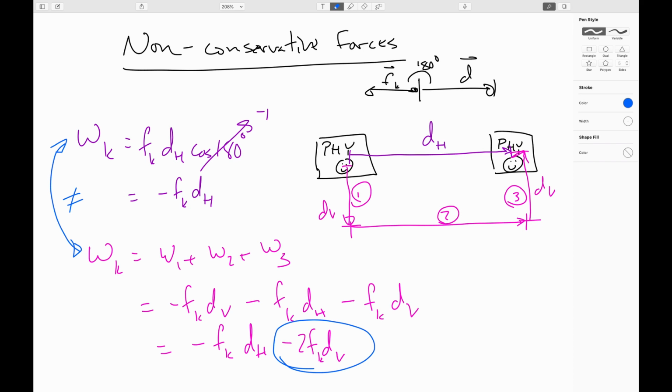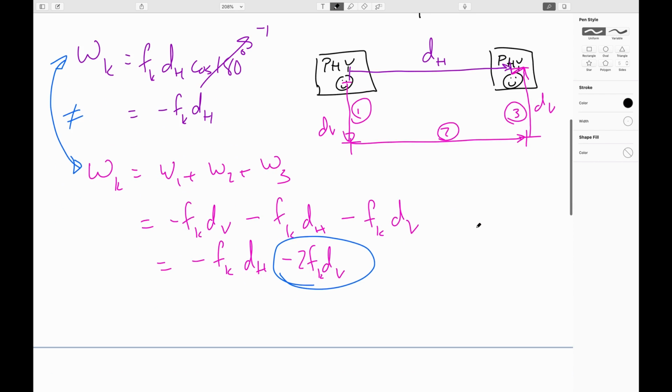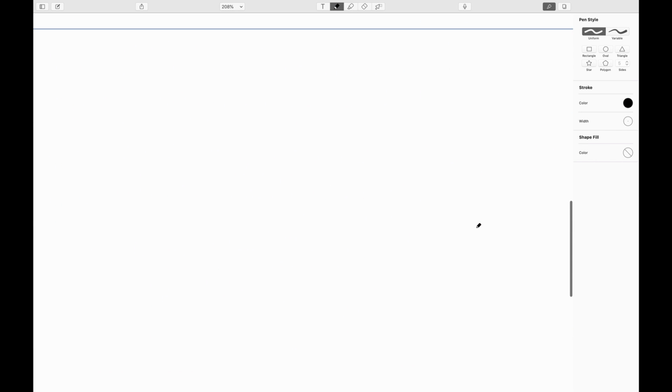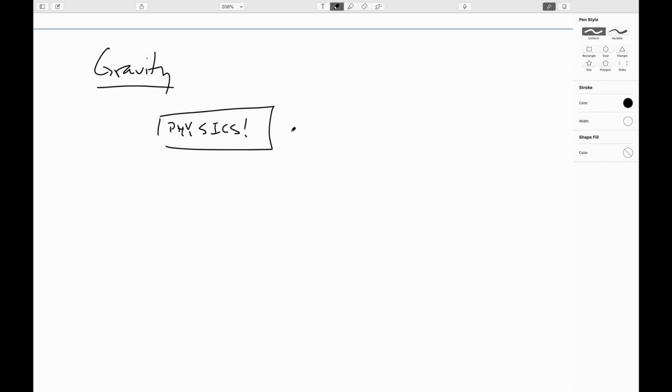I promised I would give a bit of a flavor for showing how we can say that conservative forces are conservative. And for this one, I will take a look at gravity near the surface of the Earth. So here, you can imagine, say, taking your physics book. It starts here, and let's just say it ends up over here.